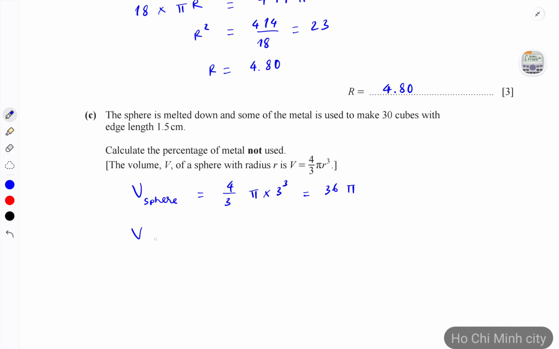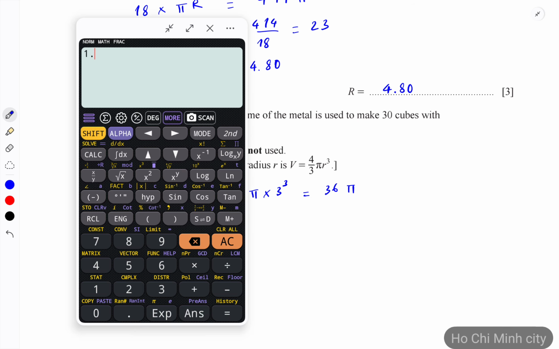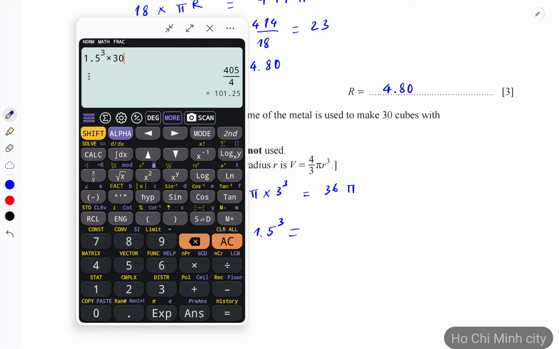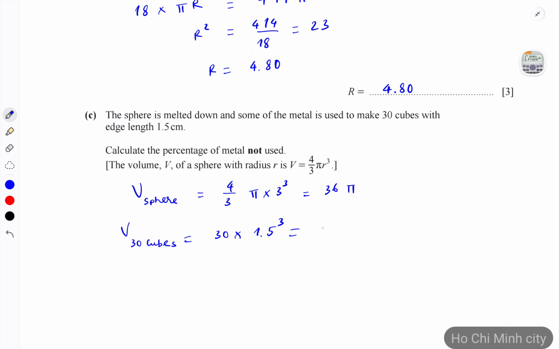And here is the volume of the cube, 1.5 to the power of 3, and 3.375. So here's the volume of 30 cubes. 30 times 1.5 cubed. This one, take the answer, times 30. 101.25.